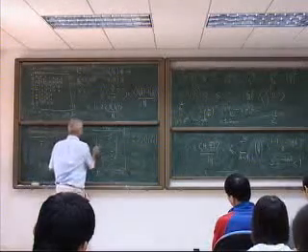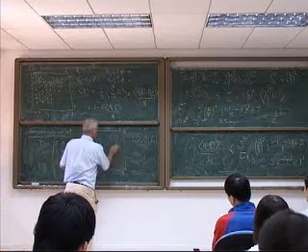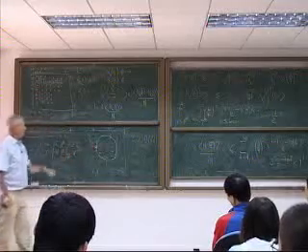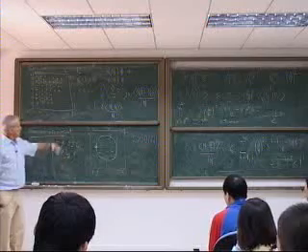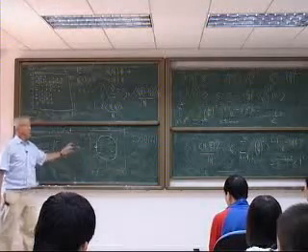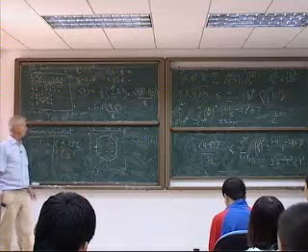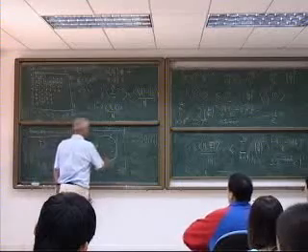And then I have to count how many loops I can make of perimeter L. Any loop with a perimeter of order L would give the same energy. How many such loops? Well, that we counted. It's random walks. How many walks can I do?